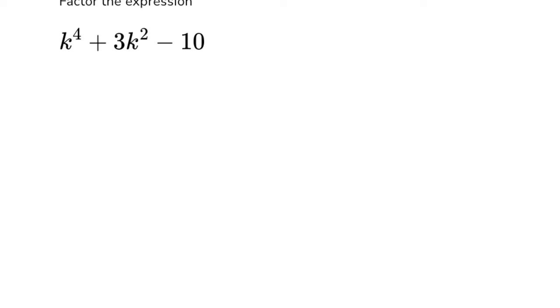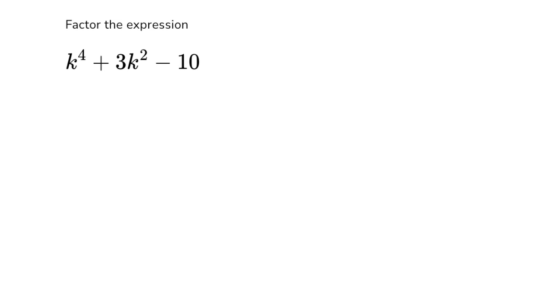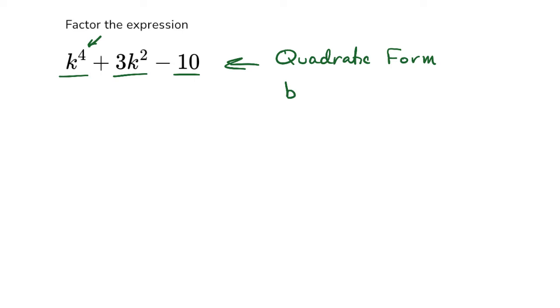This next problem is kind of a peculiar problem. It does have three terms, but it's x to the fourth. Well, this is actually called being in quadratic form. In fact, you could do this as a quadratic equation. You'd have to do something like let b equal k squared, and therefore b squared is k to the fourth. If you do that substitution, now you can see where there's a k to the fourth, it's b squared.